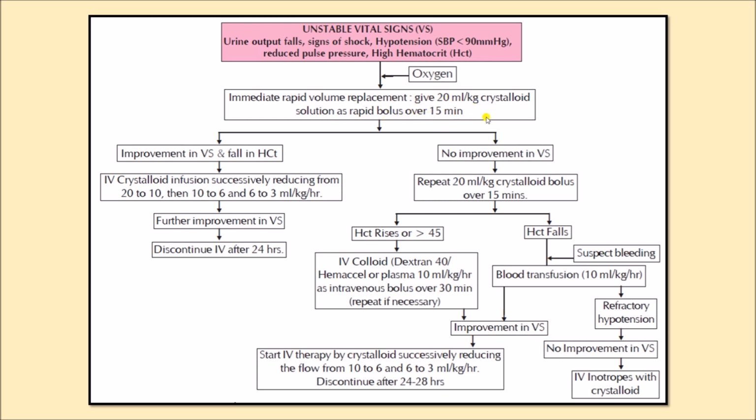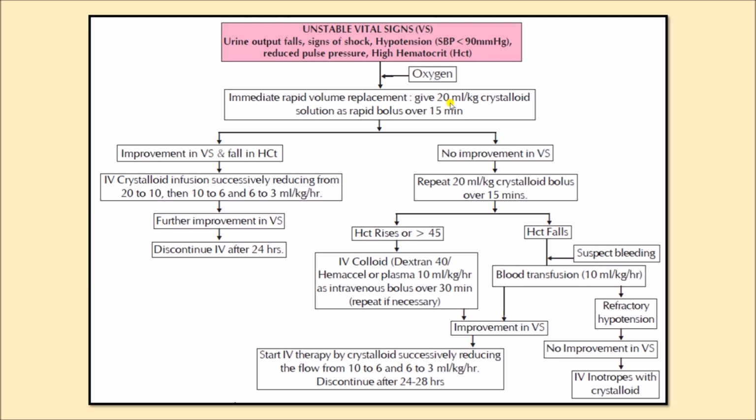If there is improvement in vital signs and the hematocrit level falls, we decrease the crystalloid solution, and the rate is decreased from 20 to 10, and then 10 to 6, and then 6 to 3, just like the previous algorithm, if you remember, ml per kg per hour. And on further improvement, after 24 hours, we discontinue the intravenous therapy.